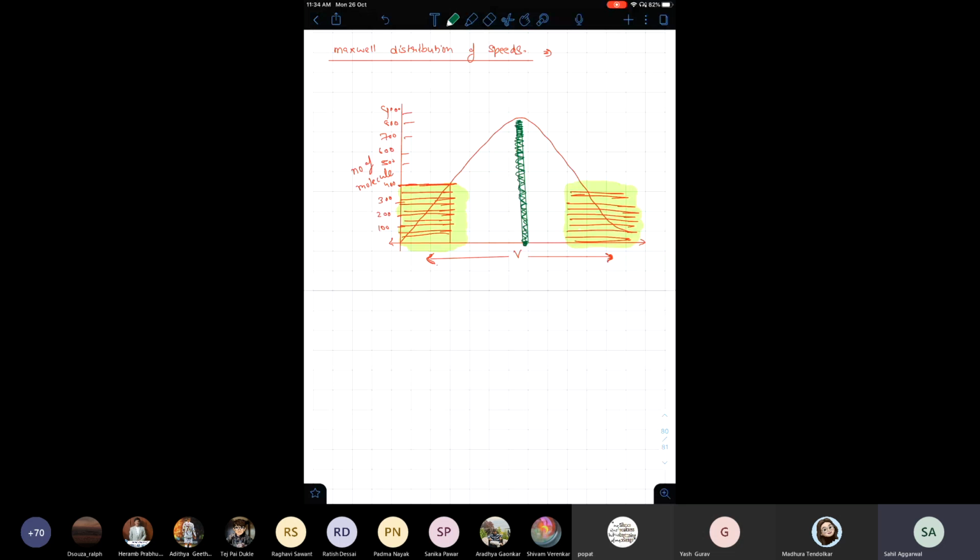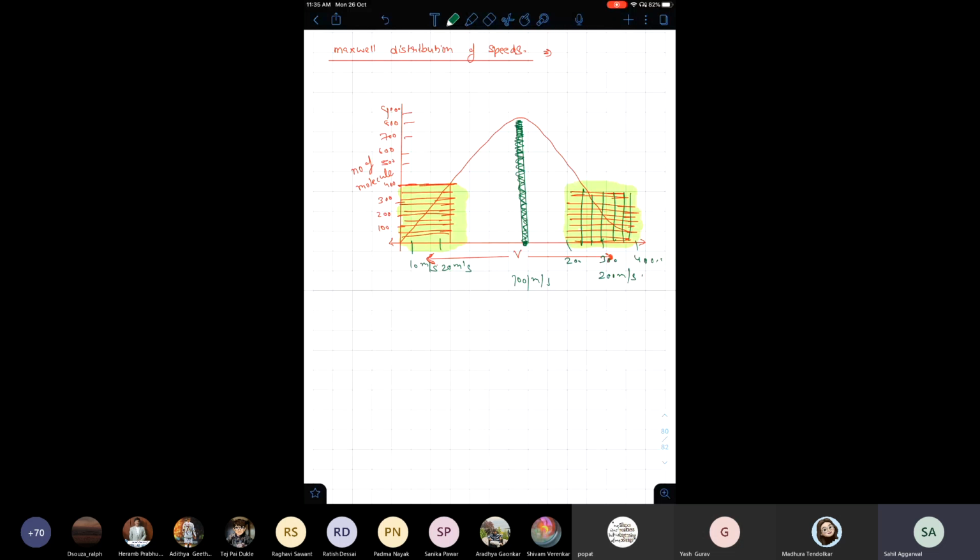Let us write here 10 meter per second, 20 meter per second, 100 meter per second, 200, 400 meter per second. The molecules which are having 200, 300, 400 meter per second are very few.